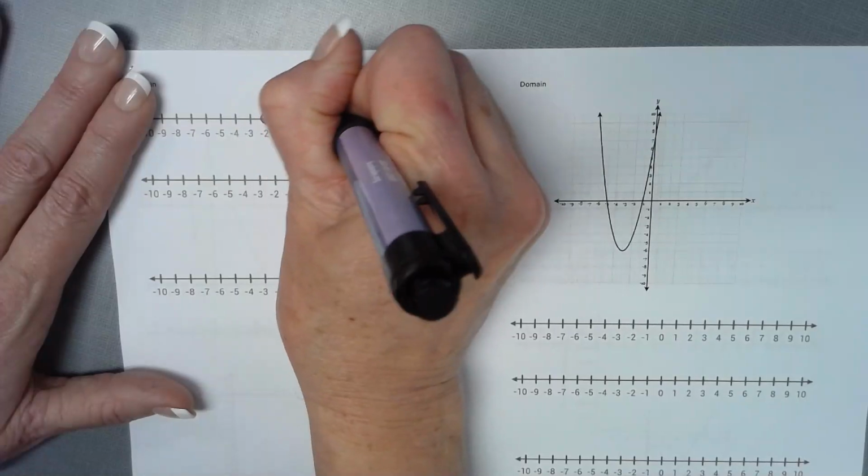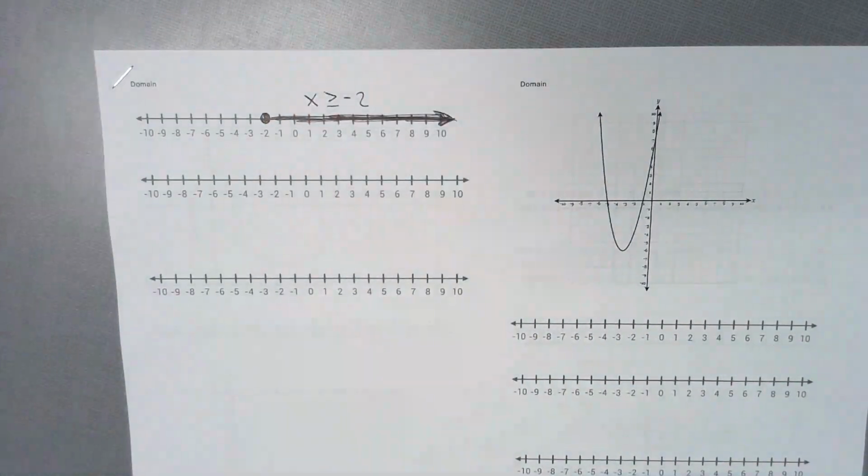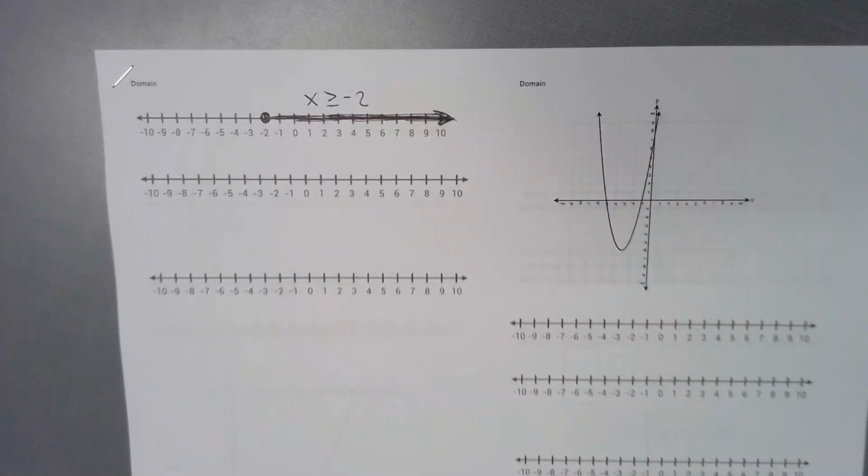It would be x is greater than or equal to -2. If I want to represent all the values bigger than -2, that's this way, and include -2. Do y'all remember this? Maybe even from me. Okay? That represents these x values.